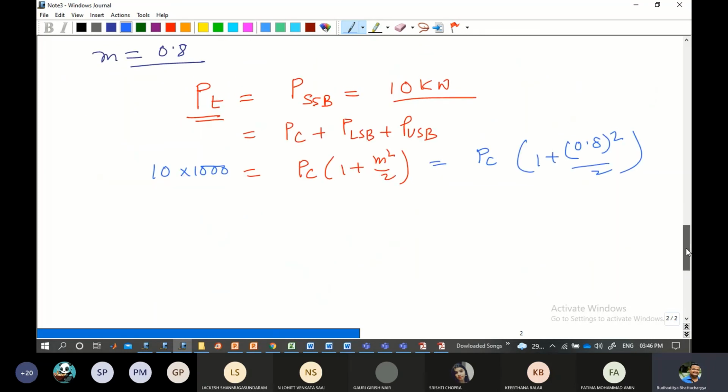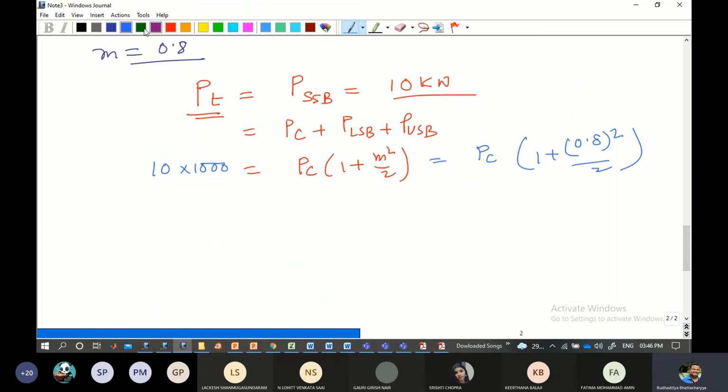Finally, we get the result that PC is 7575.76 watt. Now, if you know PC, you can go on finding out what is USB and what is LSB, and those will be the two other answers that we are supposed to get.